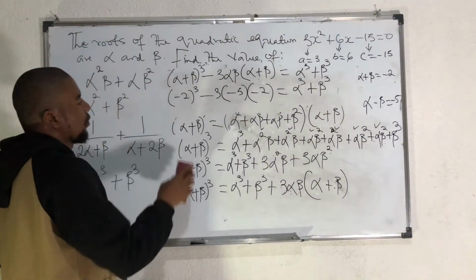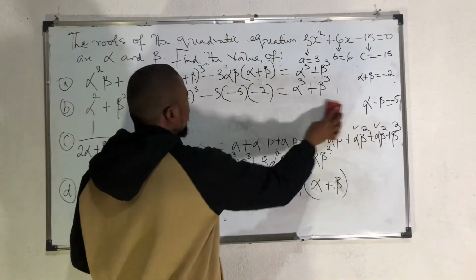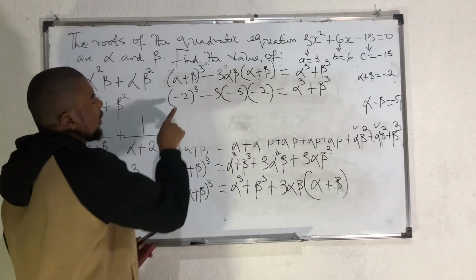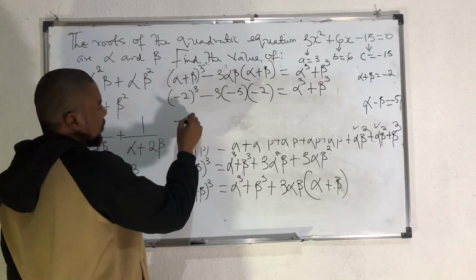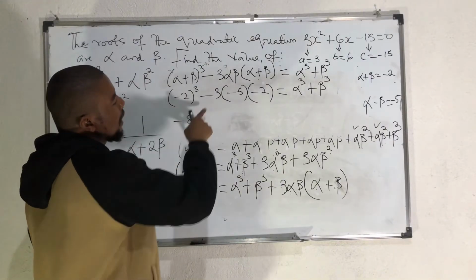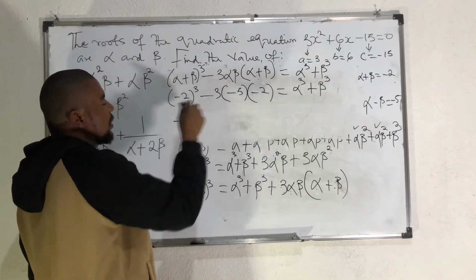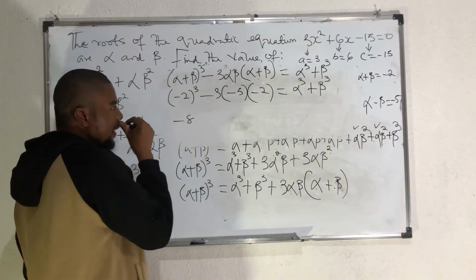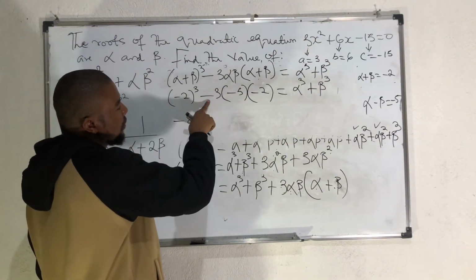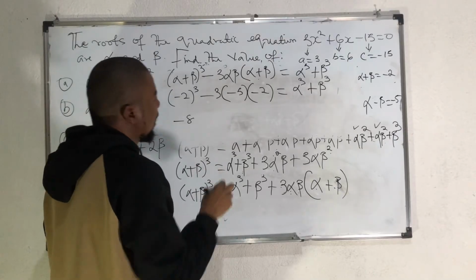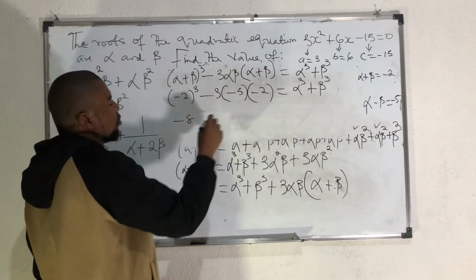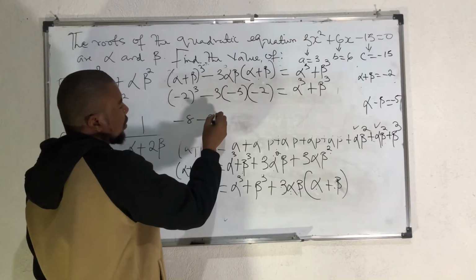Let's simplify. Negative 2 raised to the power of 3 will give you negative 8. Now, negative 3 times negative 5 is a plus 15. 15 times negative 2 will give you negative 30.